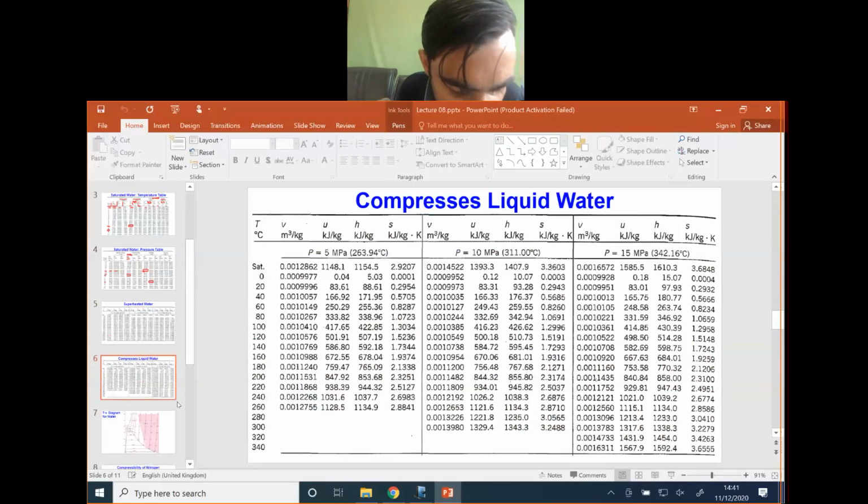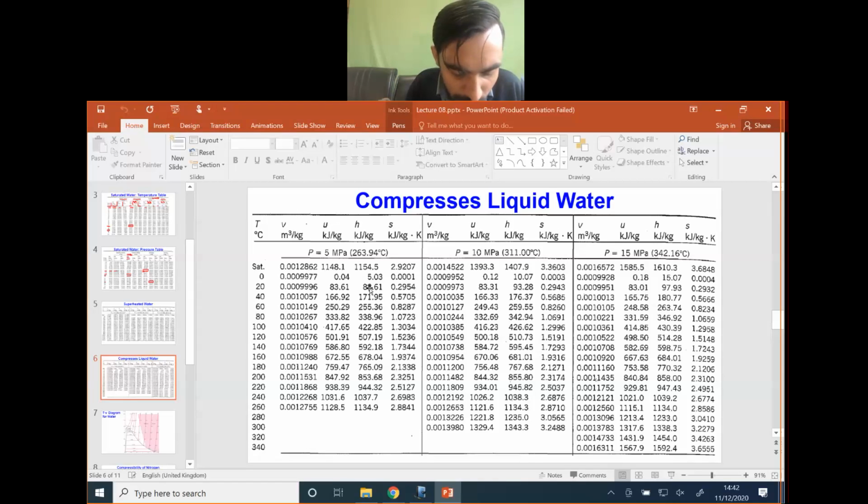Let me show you the table for the compressed state. You can clearly see that for the compressed liquid state, the tables are exactly identical to the tables we had for the superheated state. Here we have a pressure of 5 megapascals, and corresponding to 5 megapascals the saturation temperature is 263.94 degrees Celsius.